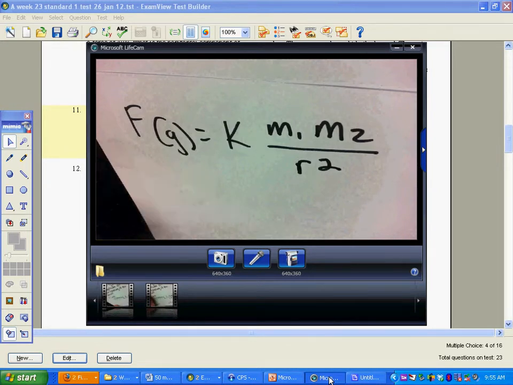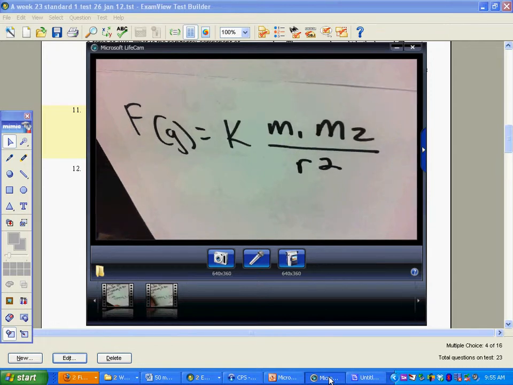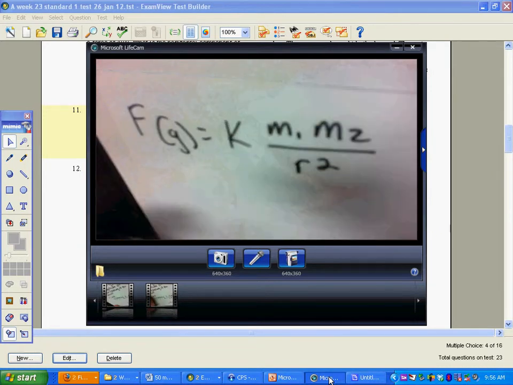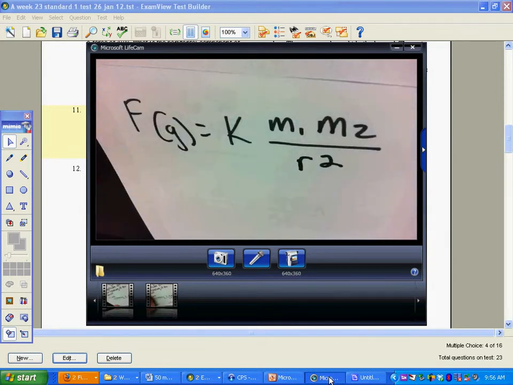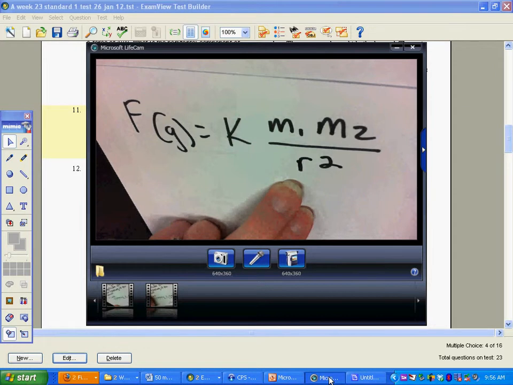Okay, so again, did you have to do math on this? No, you did not. Did you have to know what the G, or what this K stood for? Actually, I think in this one it's a capital G, but in regular math, any constant is represented by a K. Did you have to know what that number was? No. All this question asks is which one is going to have the most gravitational pull.